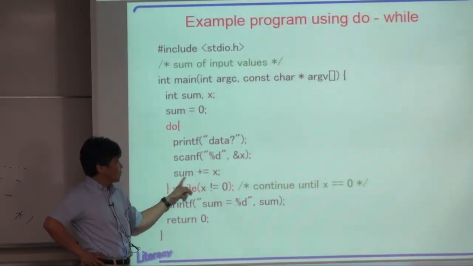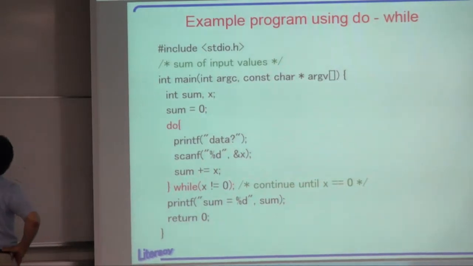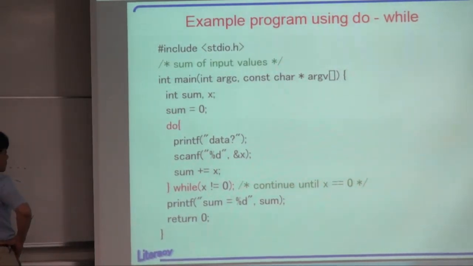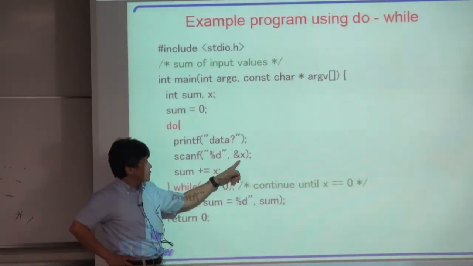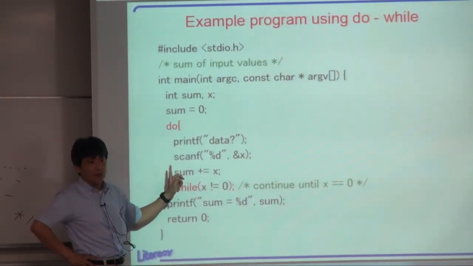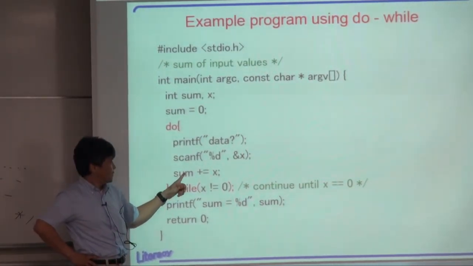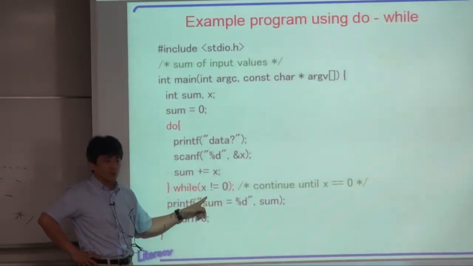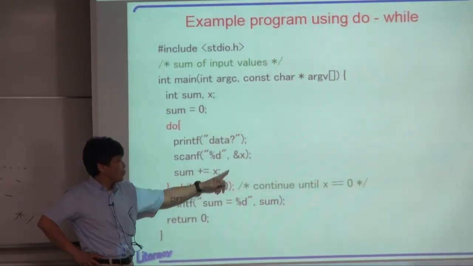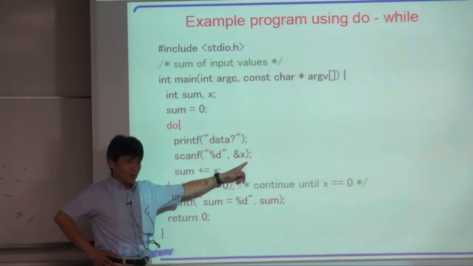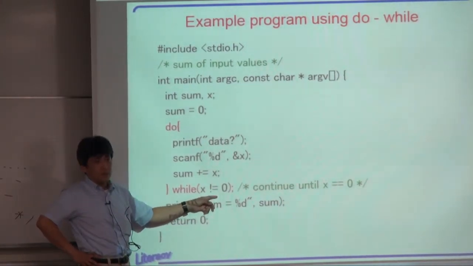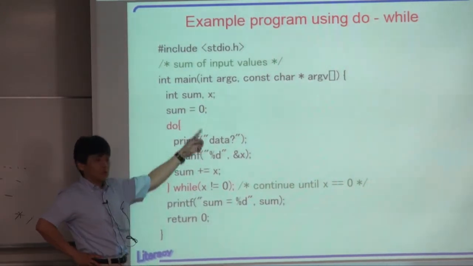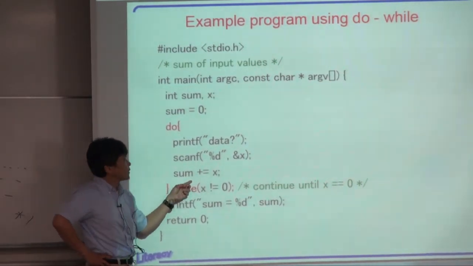This meaning is the same. If you enter 1, sum becomes 1. So this condition will be evaluated. If you enter 1 for the x variable, this condition becomes true, so this block will also be executed.